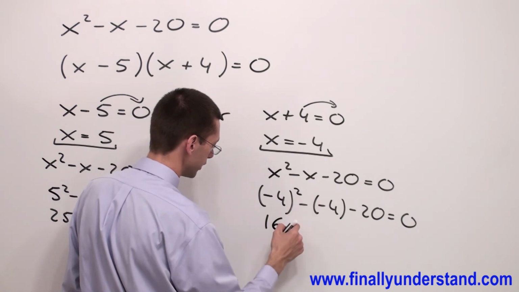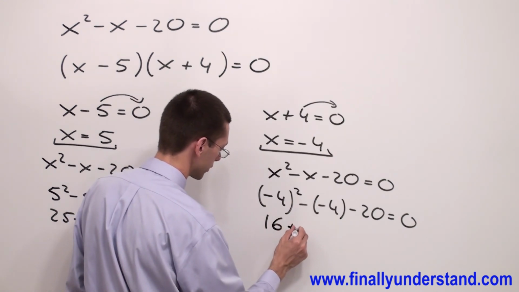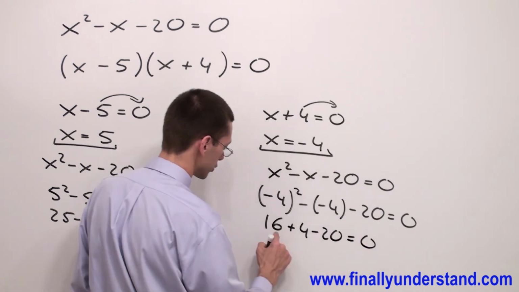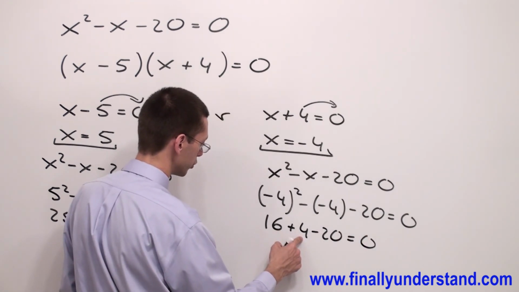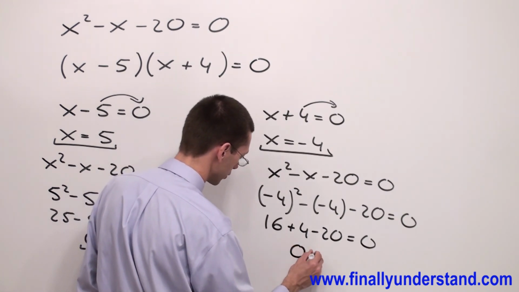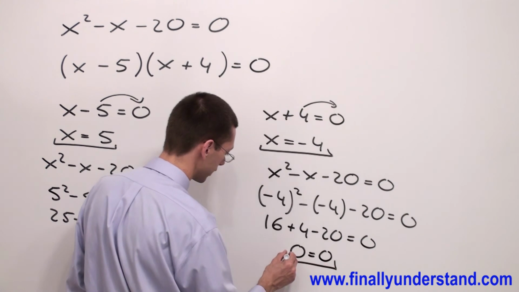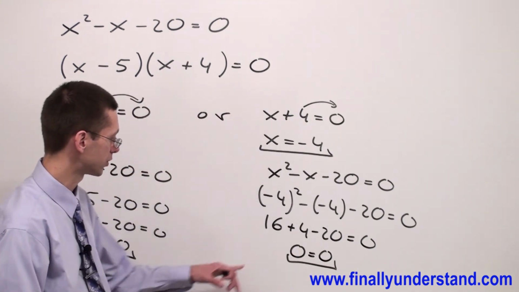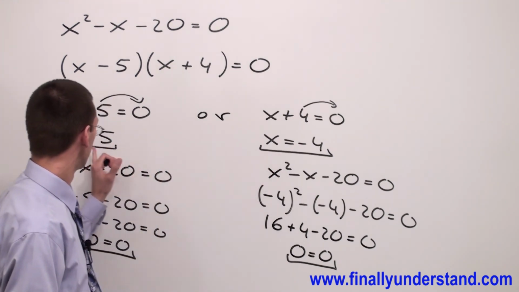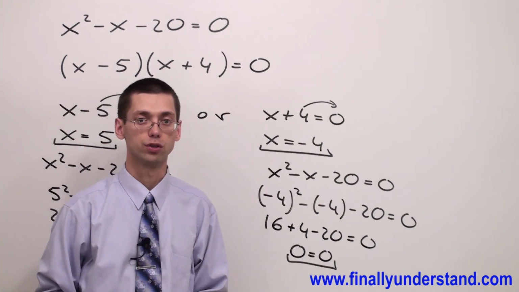Negative times negative is positive, so I have plus 4 minus 20 is equal to 0. 16 plus 4 is equal to 20. 20 minus 20 is equal to 0. 0 is equal to 0. The left side of my equation is equal to the right side. That's why these two answers are solutions to my problem.